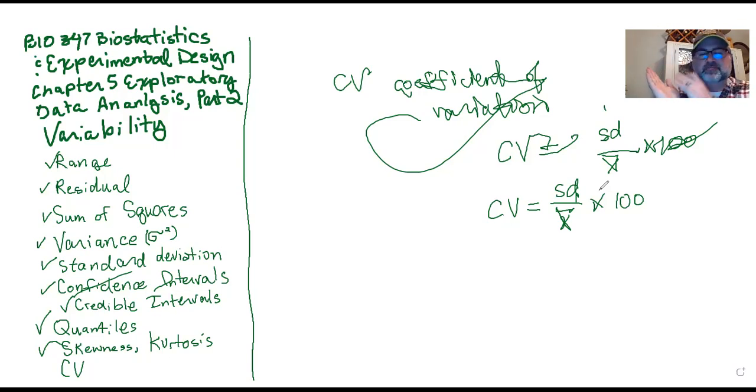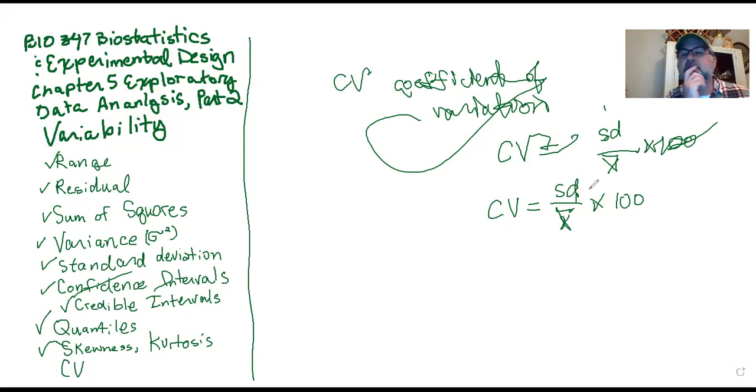Let's say you're studying acorns and you want to know, is the height of the acorn more variable than the width or some other attribute? The way you can compare different things is that the units go away.